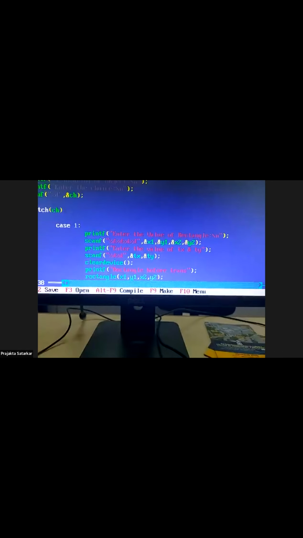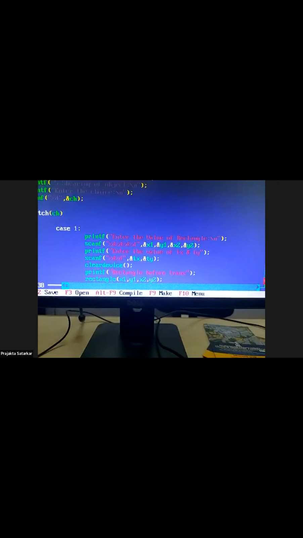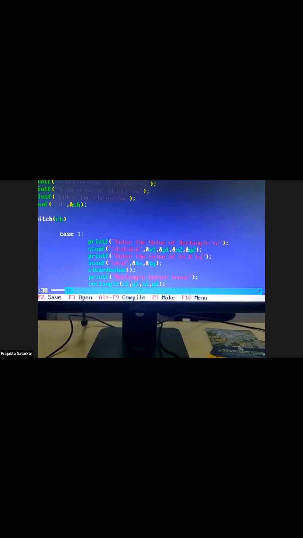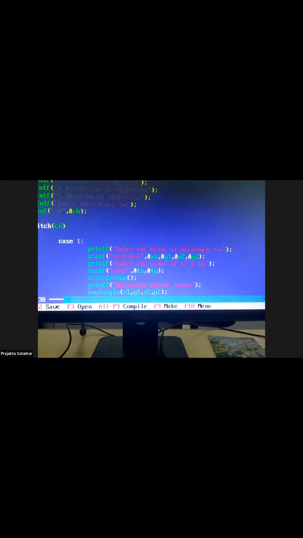Here I have considered the rectangle object, and the 4 parameters I have taken, that is lower left coordinate x1, y1 and upper right coordinate x2, y2. I have taken x1, y1 and x2, y2 from the user side. Then to carry out the translation, I require tx and ty. Those are the translation factor along the x-axis and the translation factor along the y-axis.